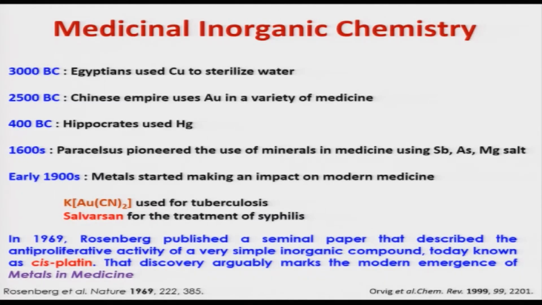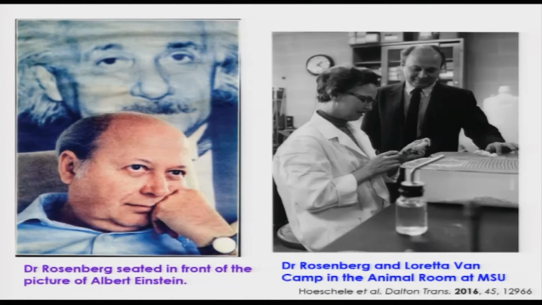That discovery arguably marks the modern emergence of metals in medicine. Now, this is a picture of Dr. Rosenberg. He is seated in front of the picture of Albert Einstein. Rosenberg and Loretta Van Camp are shown here in the animal room at Michigan State University.